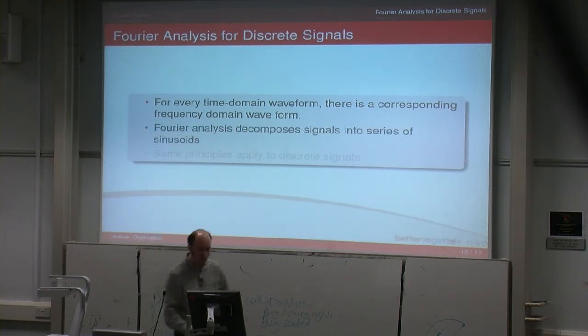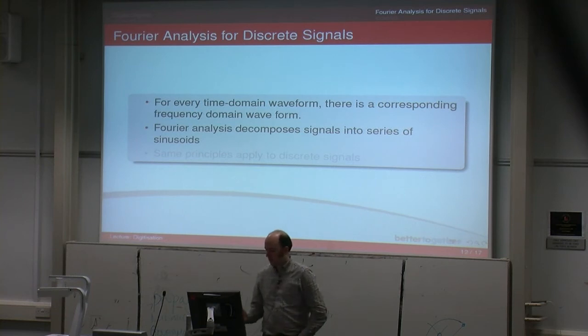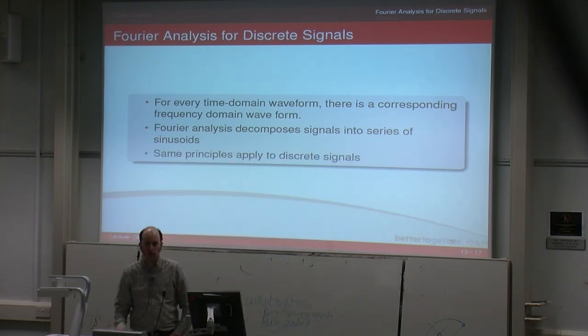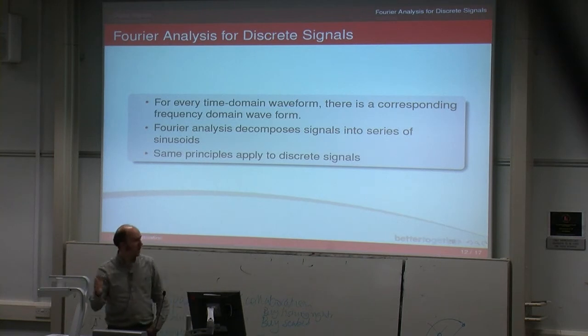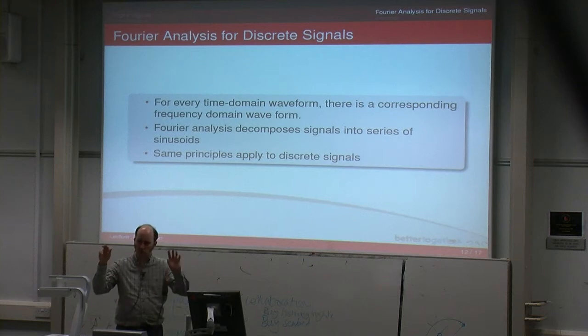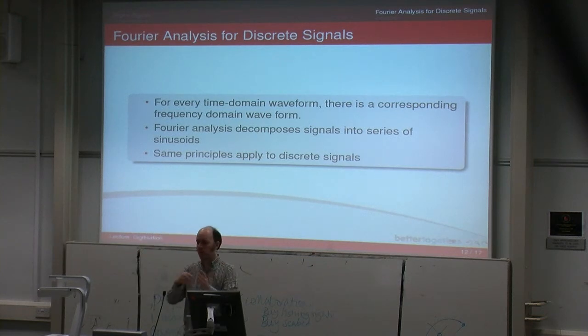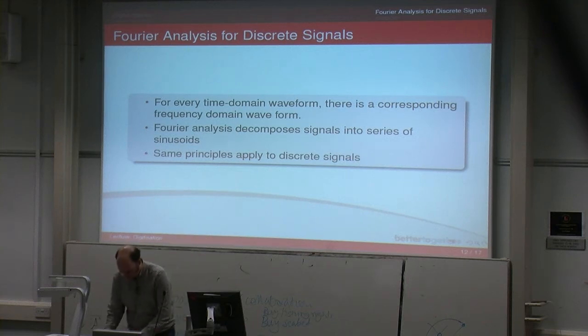You can decompose a time signal into a series of sinusoids, and the same principles apply to discrete signals. So if you've got a bunch of values for your discrete signal in the time domain, because you've got it against samples, you can apply the Fourier transform and get the frequencies at which that thing could be represented.